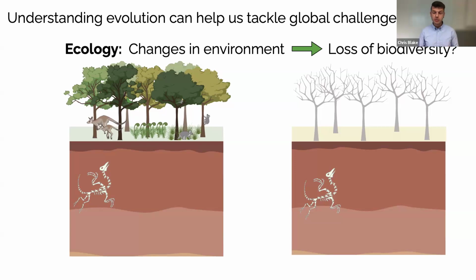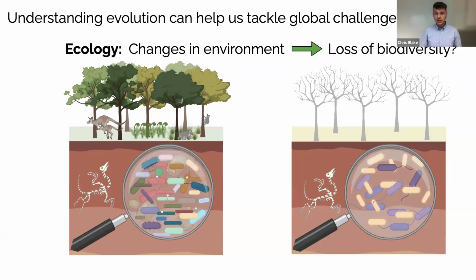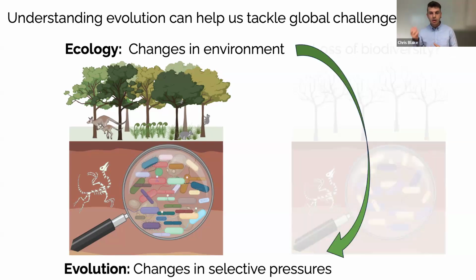Now, this not only applies to plants and animals, but it's very important for microbial communities as well. And microbes are interesting in a way that they actually can evolve so rapidly that our idea of a boundary between ecology and evolution is starting to disappear.